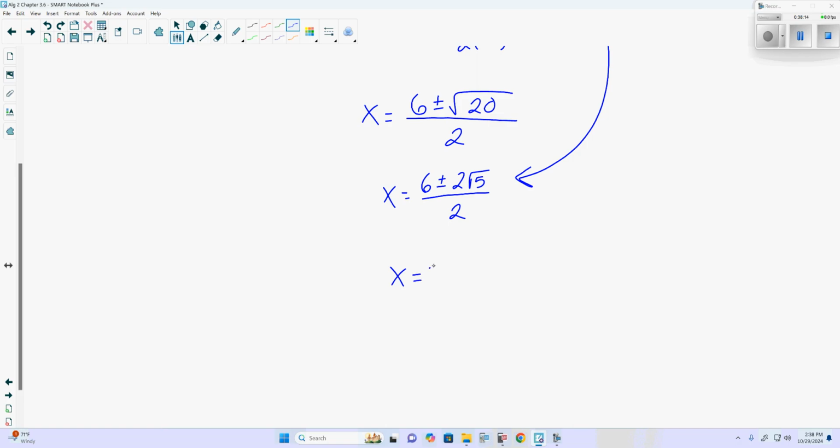6 divided by 2 is? Our 2 square root of 5 divided by 2 is? Square root of 5. Our denominator, 2 divided by 2 is? It simplifies out completely. So we just get this here.